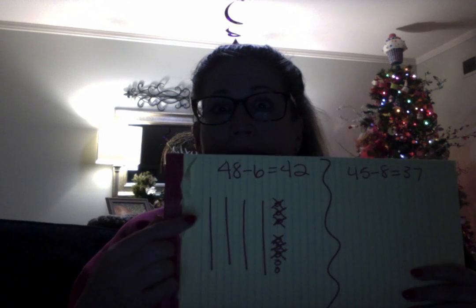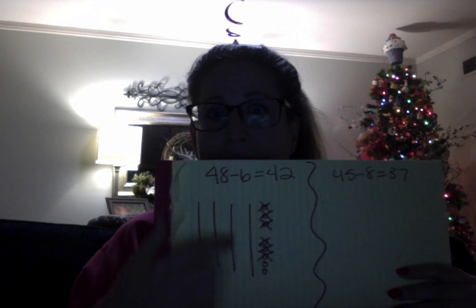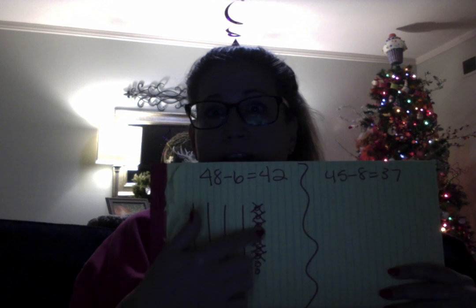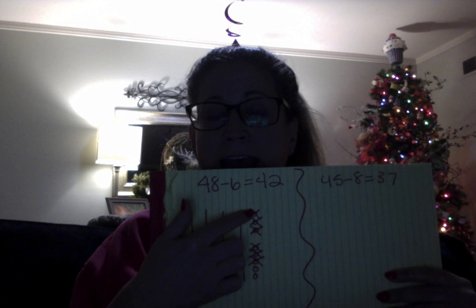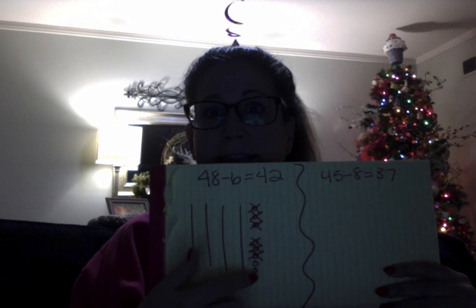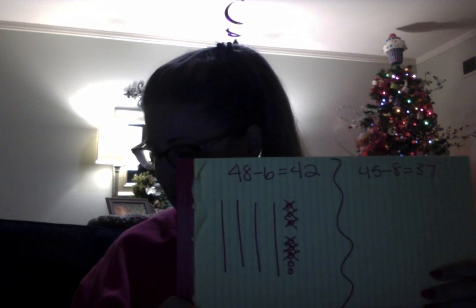So what they learned how to do, and I'm going to show you with my own, is we do 4 ten sticks here. So that's showing the 40. And then they do a 5 column, which is 5, 6, 7, 8. And then they cross out the 6, which gets them to their answer.